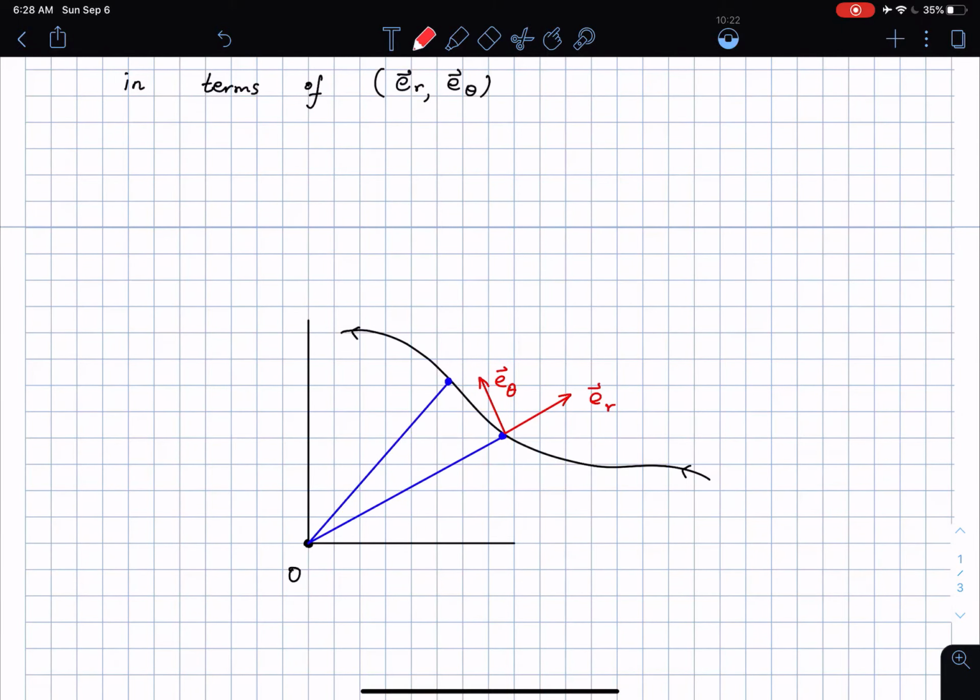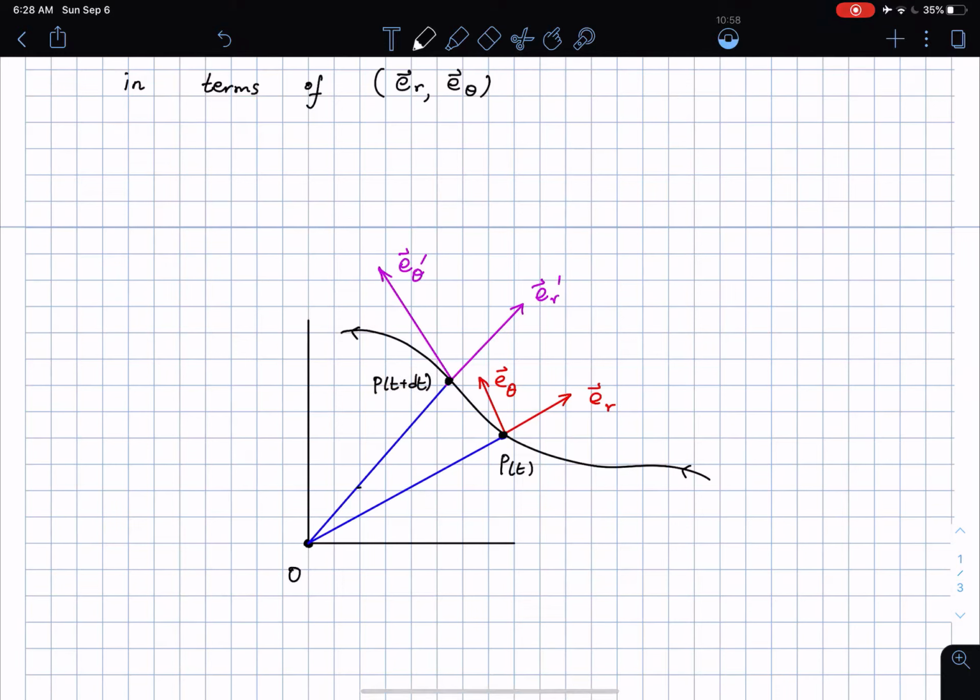Then likewise I'm going to have one more set here. This is going to be E_r prime, at time t plus dt, and here is E theta prime. This is P at time t, and this is the position at t plus dt.